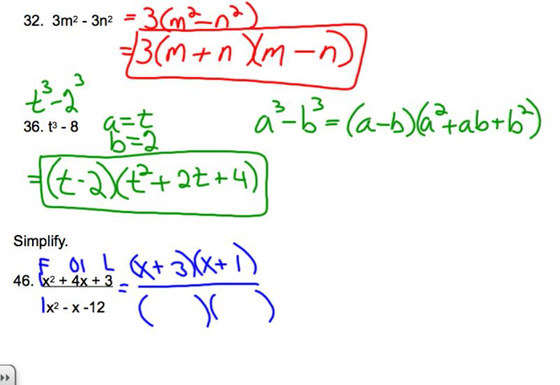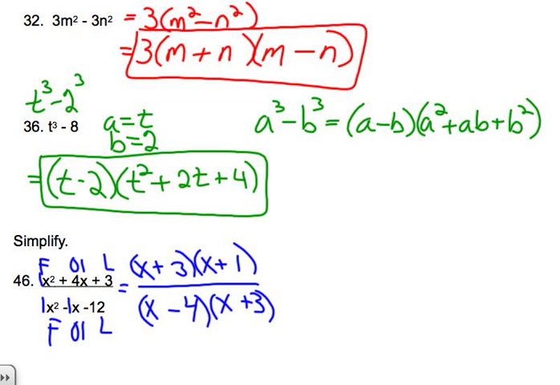Both signs are plus to give you a 4x. In the denominator, this is F, OI, and L of FOIL. So x squared came from the F of FOIL, so again, we'd have x times x. Now with this one, we have factors of 12 that have a difference of 1. So that would be 4 and 3. And since our outer and inner have a negative 1, we need a negative 4 plus 3.